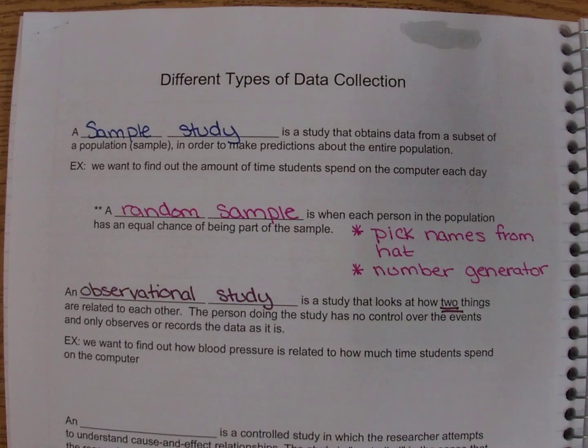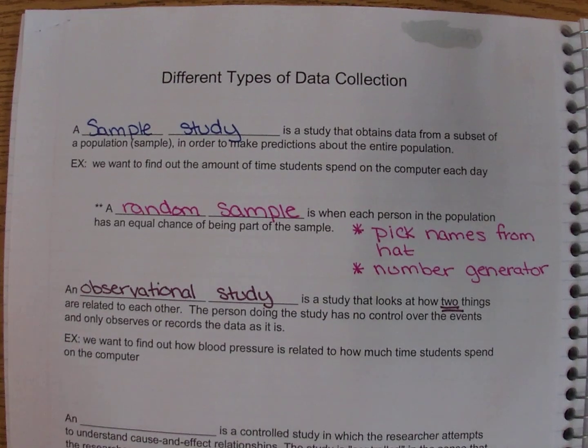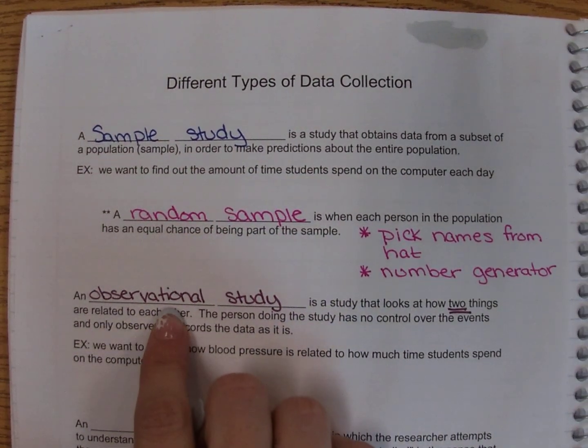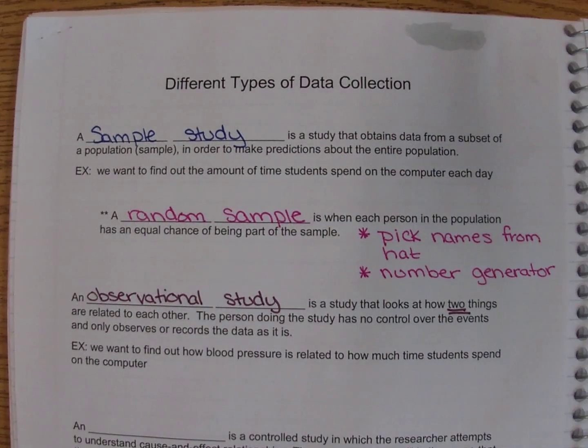The person doing the study has no control over the events and only observes or records the data as it is. One of the things we have to be careful of is the word observe. It's not strictly limited to something you might see with your eyes. But this is looking at how two things are related.